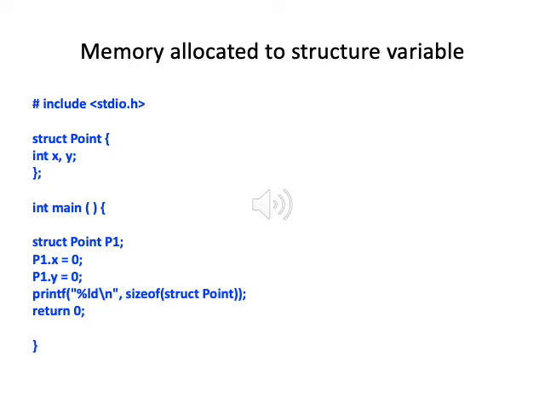And again, to signify that it's a structure data type, we have to add the word struct to it. So struct point will become the argument of sizeof, and then when we run it, most likely we'll see a value of 8. That will be enough to store both the x and y components.